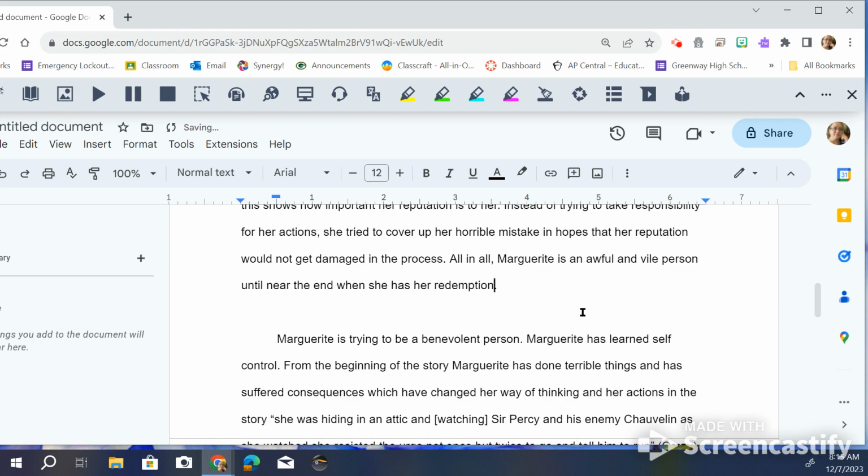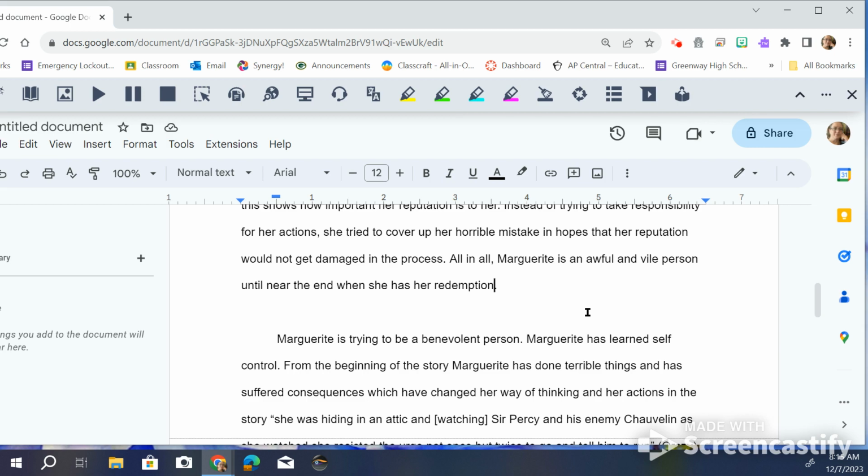Now, I'm not using a formal transition word, am I? No. But is that going to help the reader understand the relationship between when she is a horrible person and when she is a wonderful one? Yes. And that's the function of a transition.